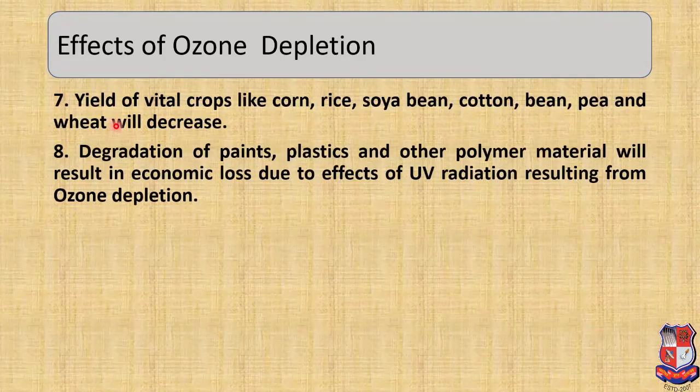Then seventh, yield of crops like corn, rice, cotton, soybean, pea, bean and wheat will decrease. And the last, degradation of paints, plastic and other polymer material will result in economic loss due to the effect of UV radiation resulting from ozone depletion.